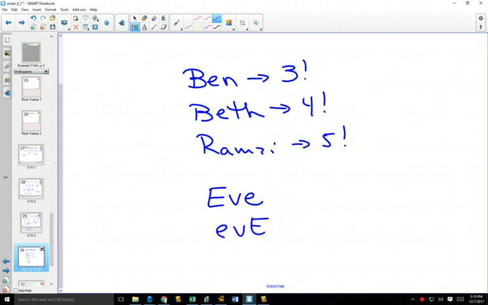Now, that would be different if we considered uppercase and lowercase, right? So that could be different, and if you do consider uppercase and lowercase, then Eve would still be 3 factorial. But if you say, hey, when I'm reading this, this is the same, then it's not going to be 3 factorial. Because, well, let's say she starts with a V.